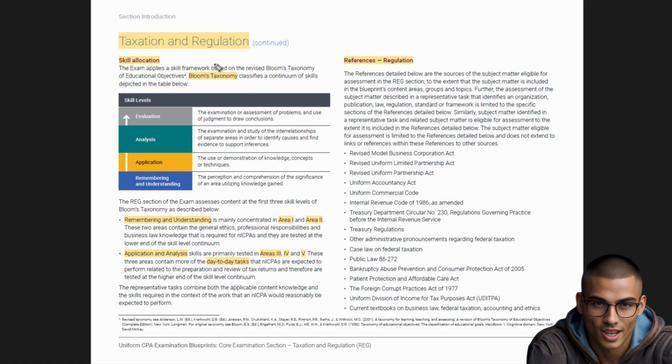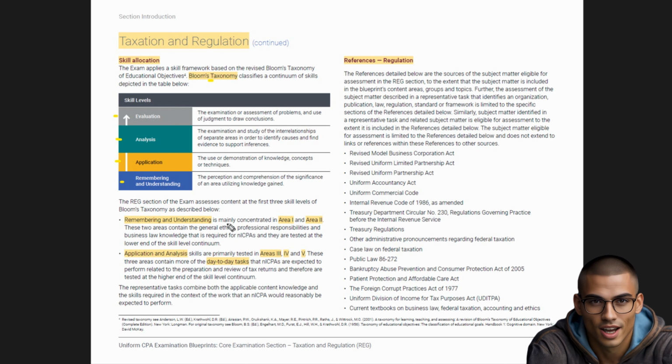So taking a look at the skill framework for the regulation exam, this is based on something called Bloom's taxonomy, and this is going to test the various skill levels that you'll need to know for the areas of the exam. So this is going to vary from remembering and understanding all the way up to evaluation. So we have remembering and understanding, application of principles, the analysis of principles, and the evaluation of principles. And these are the various skill levels that you'll need to know in order to respond to the questions on the exam.